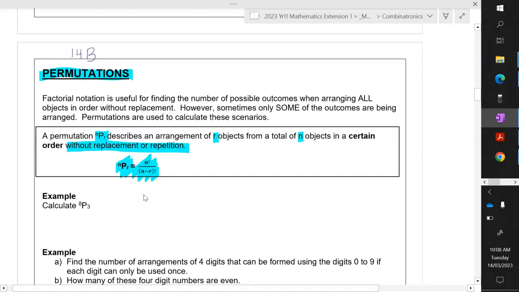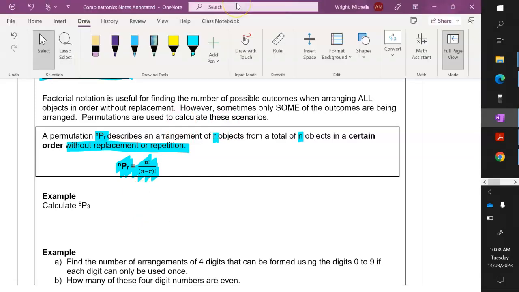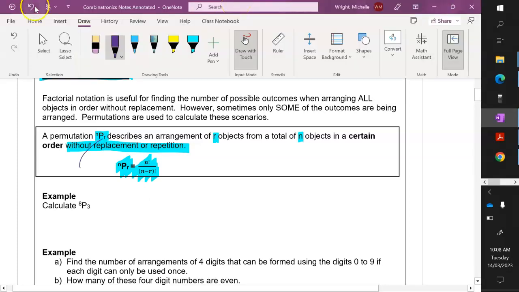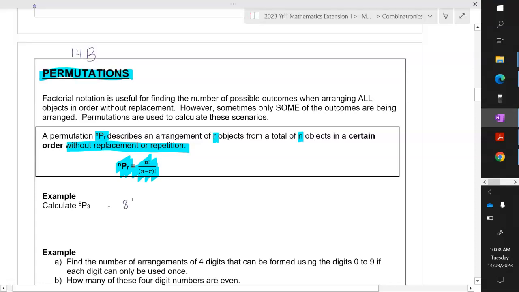So before we get into anything really difficult with these, let's look at the first question below. And this is looking at calculating 8P3. So a couple of ways we want to look at that. 8P3 is going to be 8 factorial on 8 minus 3 factorial, which is 8 factorial on 5 factorial.